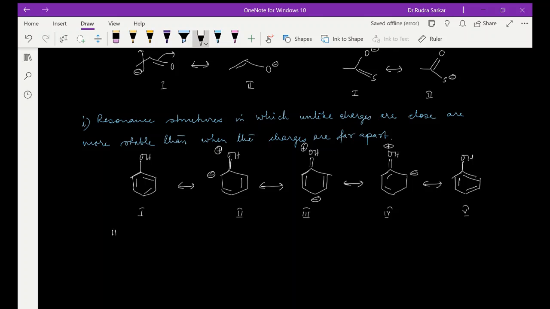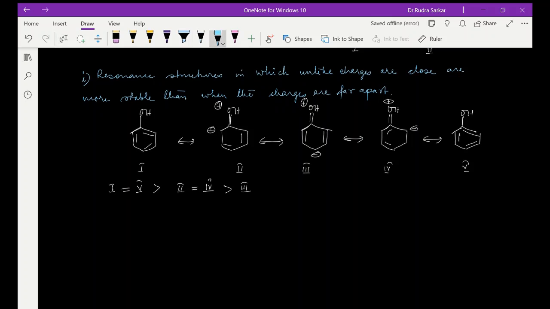So 1 and 5, these are of equal energy and more stable than 2, which is equal to 4, and the least stable among these is 3, in which you can see the positive charge is lying far away from the negative charge. Okay, so when unlike charges are lying far apart, those structures are less stable.